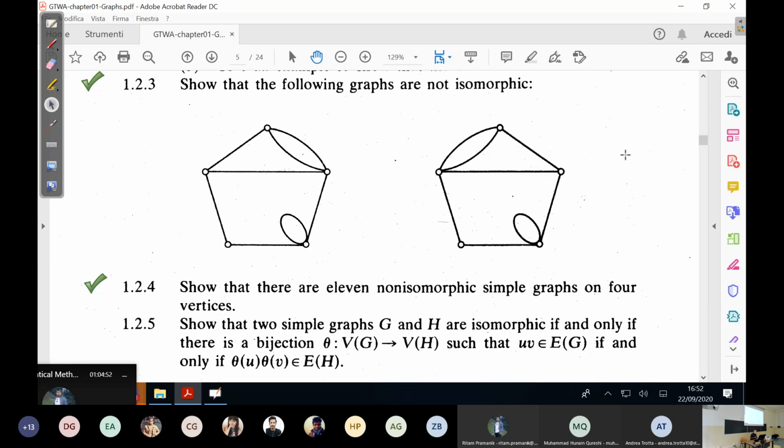But here we have constraints. Do you have any idea? Should we send any vertex here on the left to any vertex here on the right? Or is there a very strong constraint that you can see?